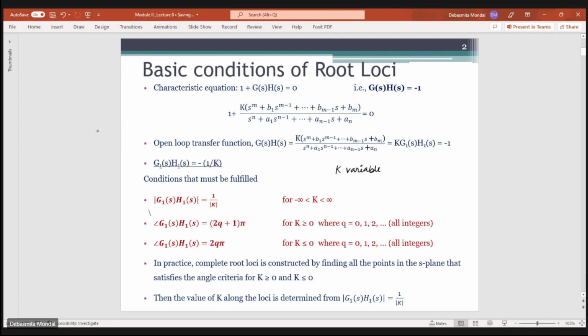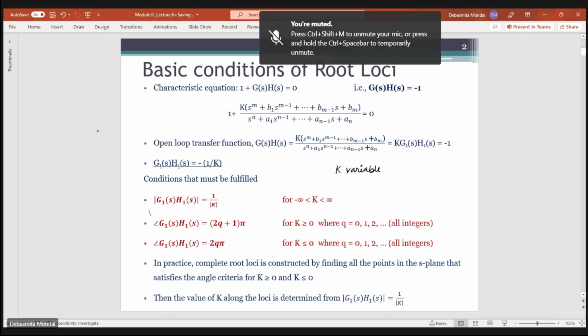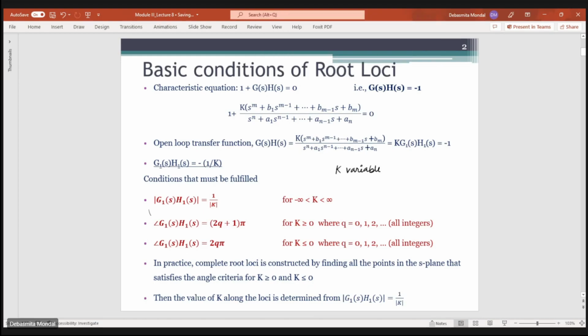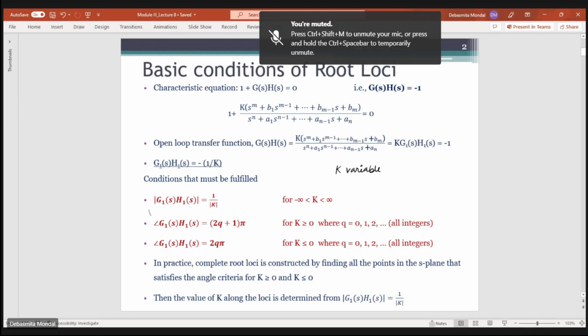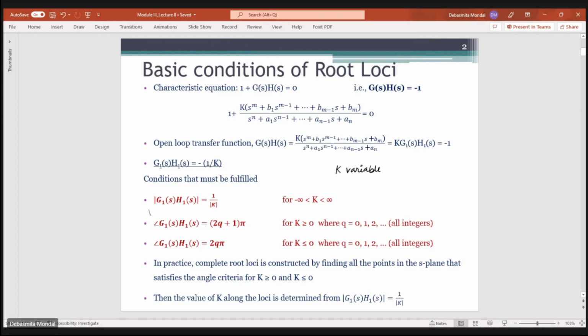So you take a random point on the S plane and apply these two angle criteria. If that point satisfies the angle criteria, then that point is a point on the root locus, and you can find the value of the gain at that position from the magnitude criteria.